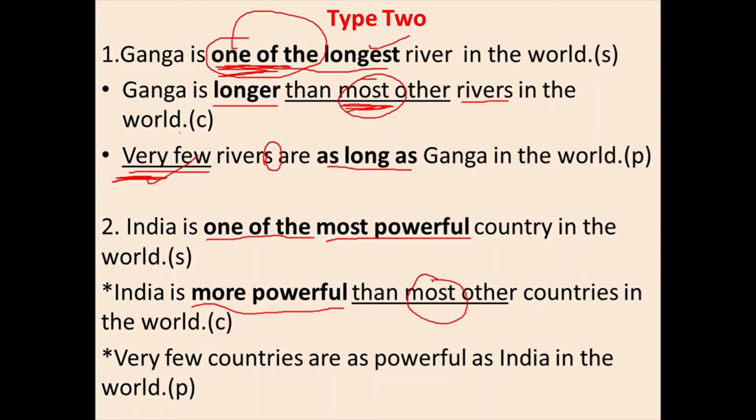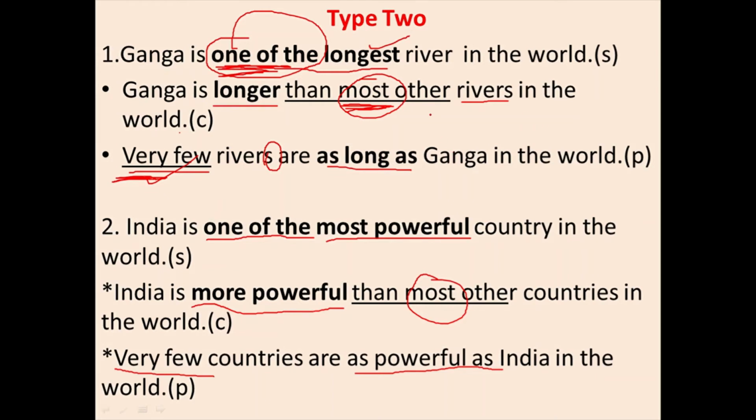Most other countries in the world. Next, for making it positive, we add very few countries. Instead of no other, we will say very few countries are as powerful as India in the world.